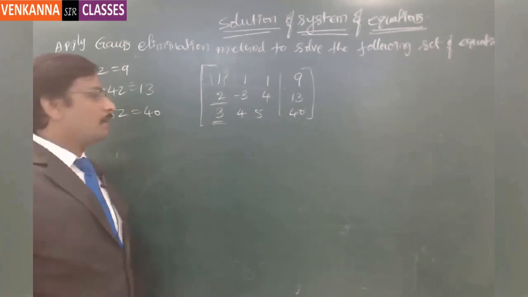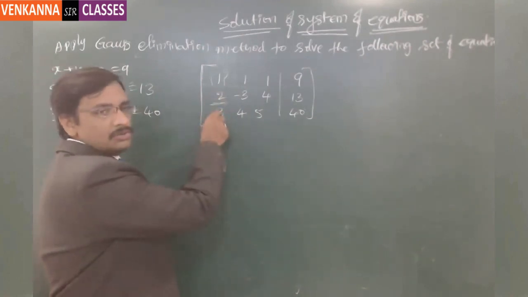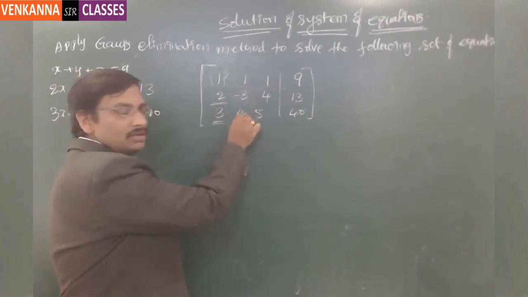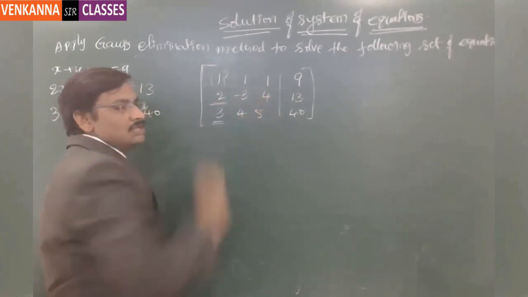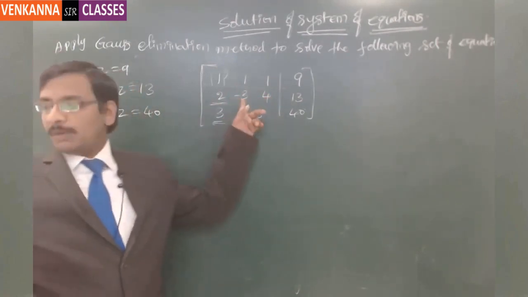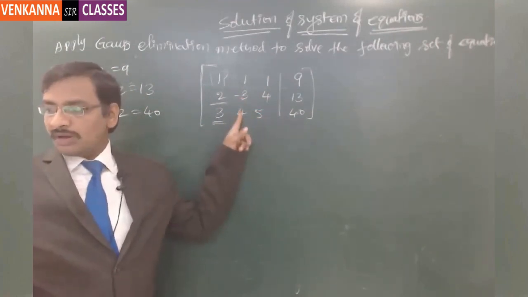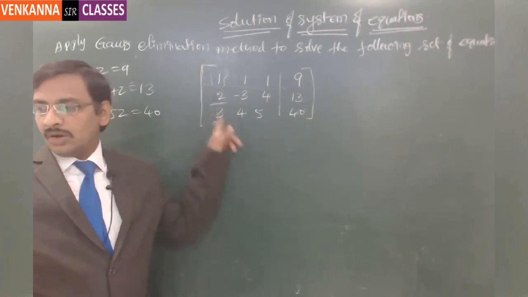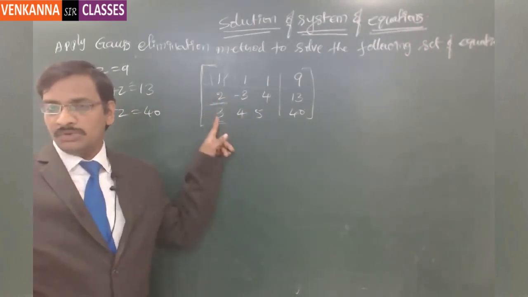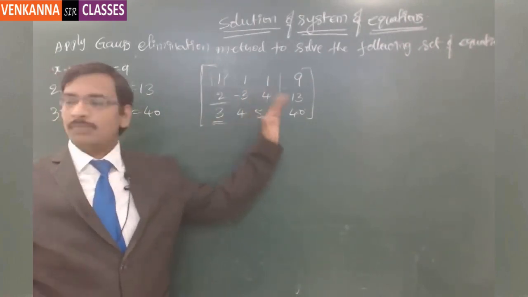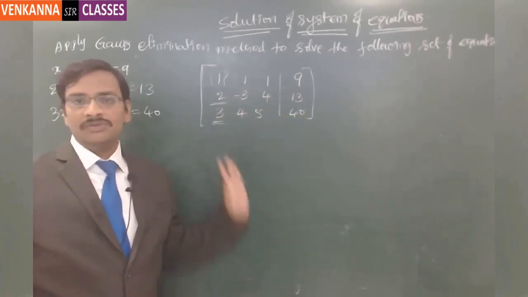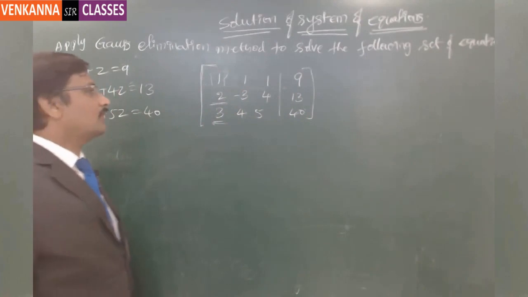In the second step, these two will become 0, and there will be a value here, here, and here as well. Now with the help of this value, you will try to make the next value 0, so that all these three values become 0. Then with the help of this upper triangle matrix, we will do back substitution to get the values of the unknowns. This is the method we are going to adopt.